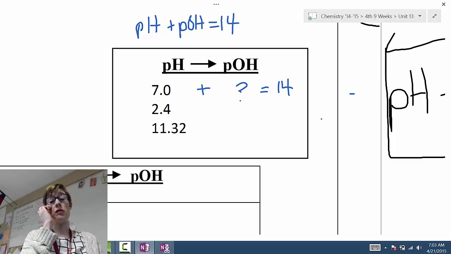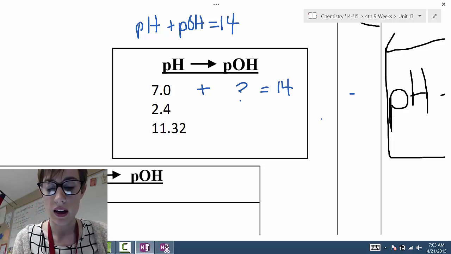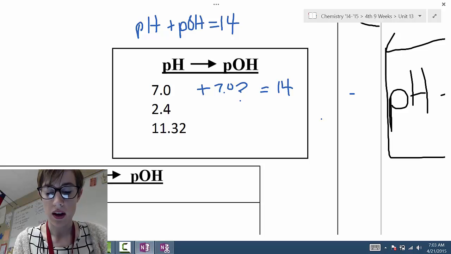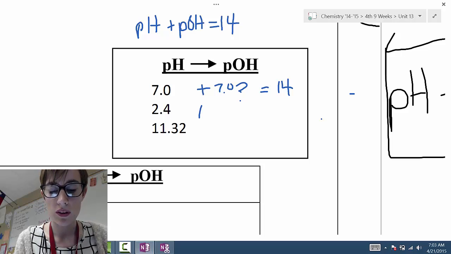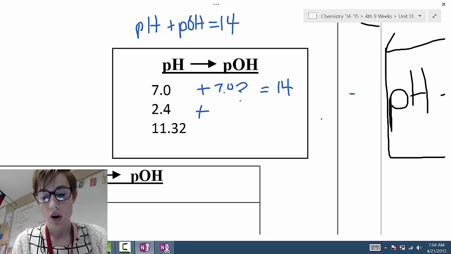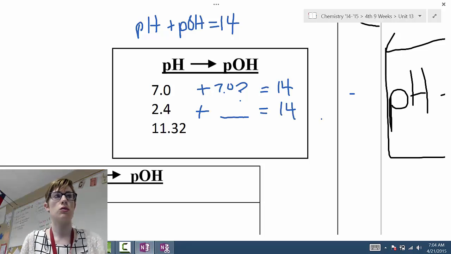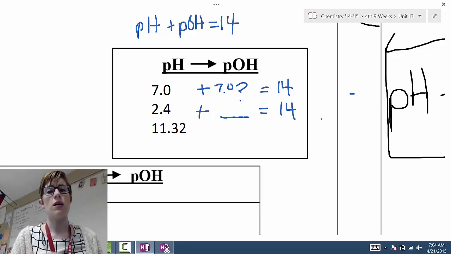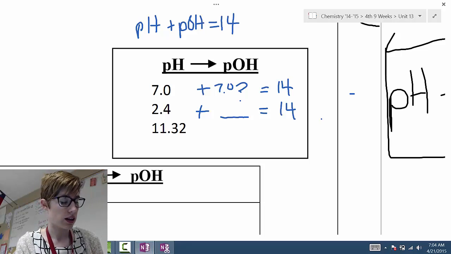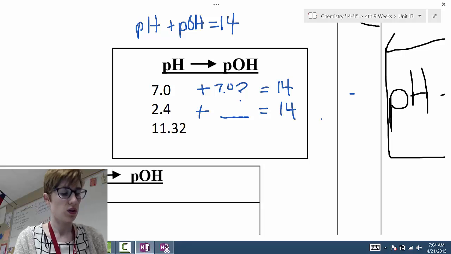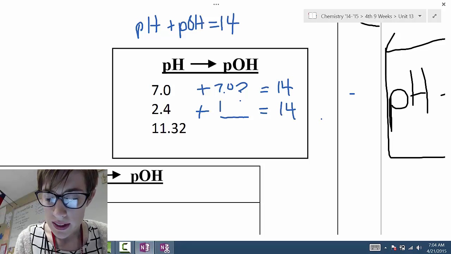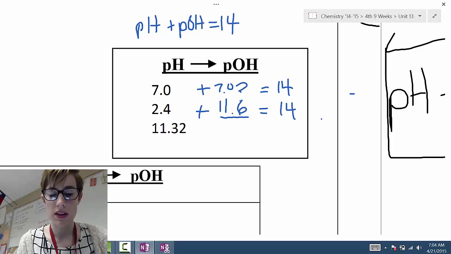Well, all I have to do is 14 minus 7, and I'll know that my answer for pOH here is 7.0. Then I'll do the same thing here. 2.4 is my pH. What is my pOH to equal 14? It's always out of 14. So if you don't know that off the top of your head, you can plug it in the calculator, 14 minus 2.4, and you'll get 11.6.